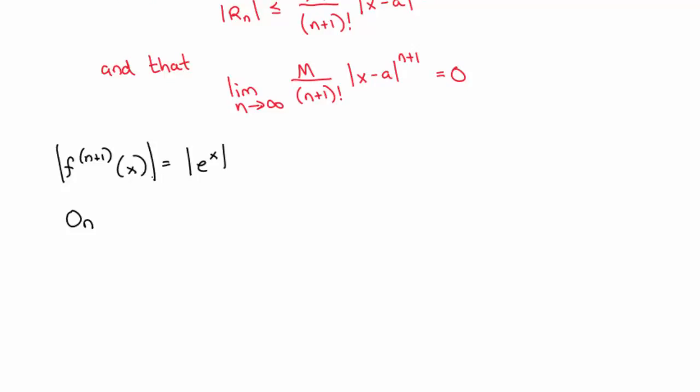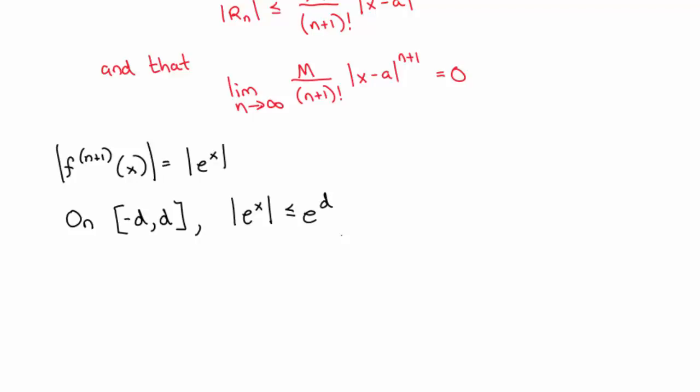So on the interval negative d to positive d, and in fact, we are including the endpoints on this interval, the absolute value of e to the x, well, the biggest it will get, because we know e to the x is an increasing function, is going to be e to the d.